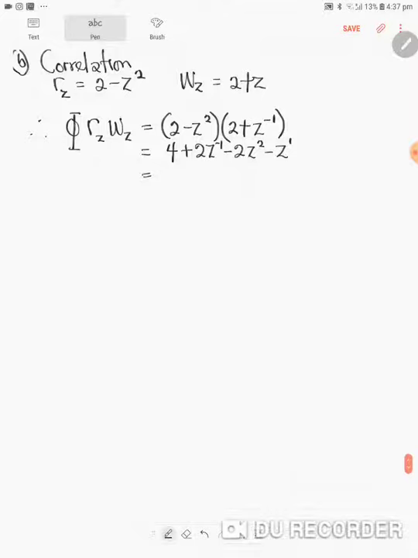So you have 4 here, Z is raised to power 0, plus 2, Z is raised to power -1. Then plus -2, Z is raised to power 2 here, then plus -1, Z is raised to power 1.